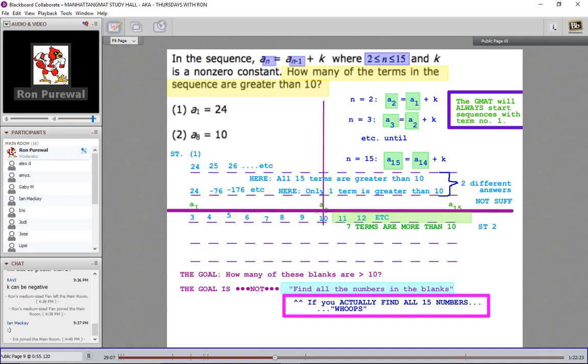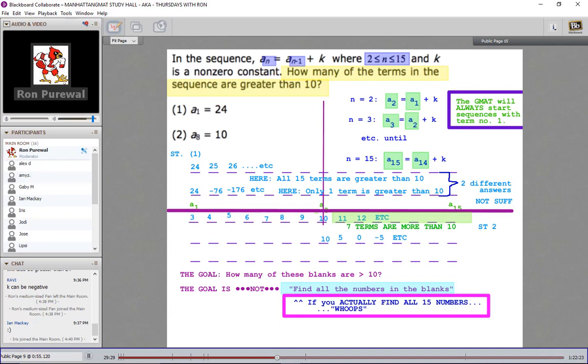Let's try a negative increment. Let's say we subtract 5 from every number. 5, 0, minus 5, etc.